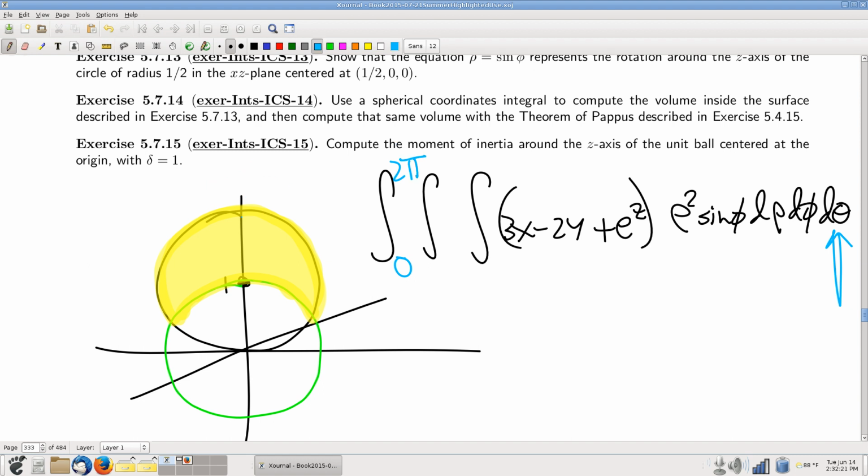Next, now we're going to fix a value of theta. Like so. Now here comes the art challenge to actually draw what this looks like. Part of the problem here is the picture I've drawn is already bad. You imagine a solid ball, and I haven't drilled a cylindrical hole through it.